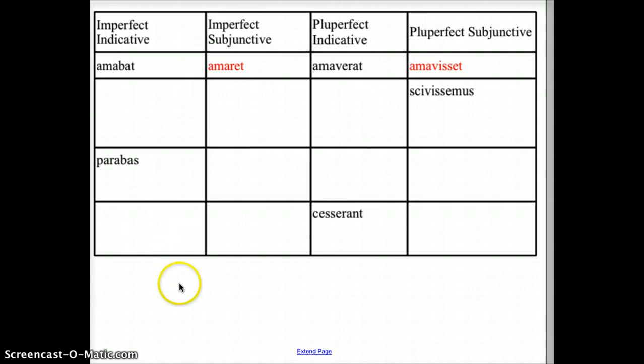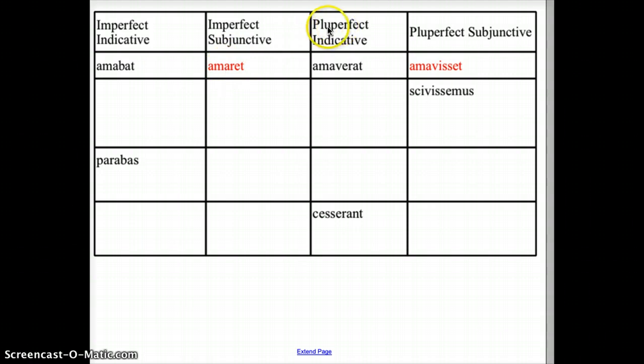All right, so let's give it a try. Take a minute and in your notes, you might want to pause the video for this, copy out this chart here and fill in the blank spaces. In this column here, you have the imperfect indicative. That's your regular imperfect that you've known and loved. So amabat. In this column, you have the imperfect subjunctive, amaret in this case.